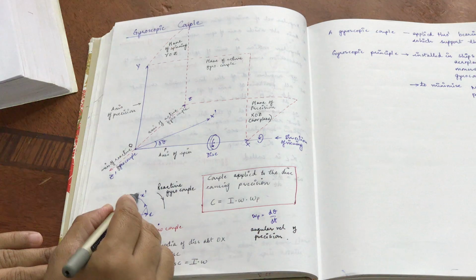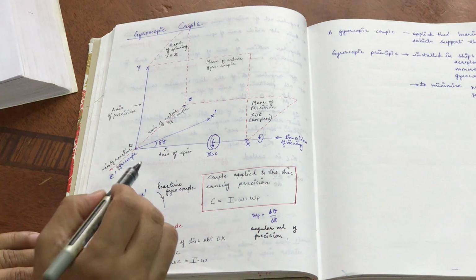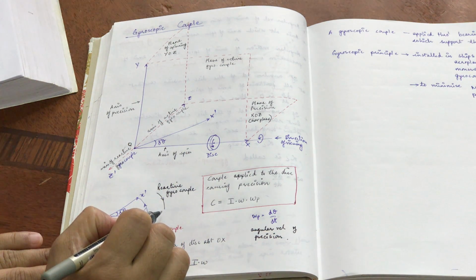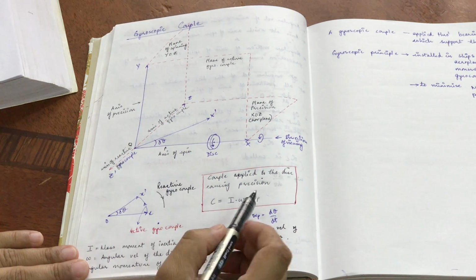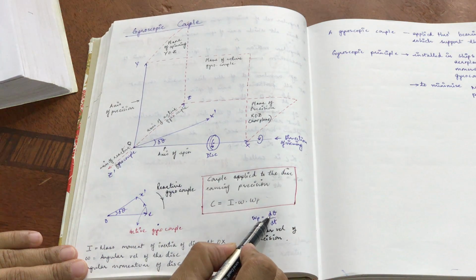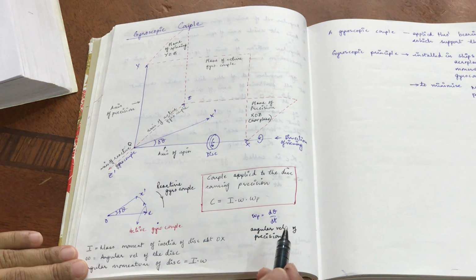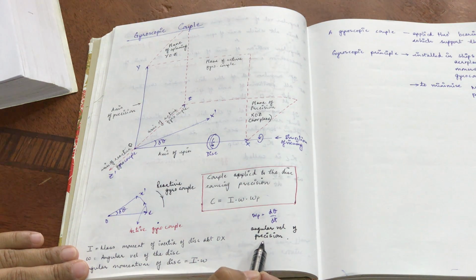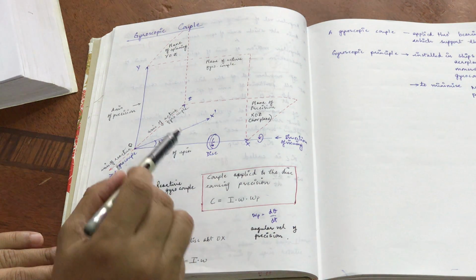This x dash is known as the active gyroscopic couple, and a reactive gyro couple will be created in the opposite direction. Here omega p is nothing but d theta by dt, which we learned in the previous class, the angular velocity of precession.